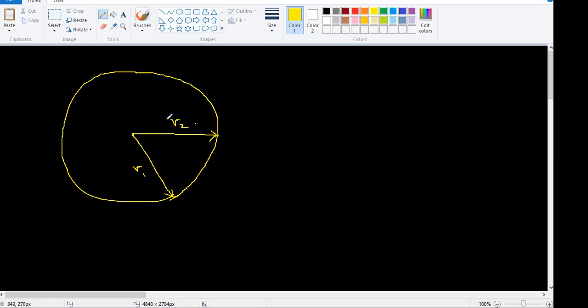So even though the radius is the same, this radius vector is different from this radius vector. So that's why I'm showing it as R1 and R2. This I'm going to call del theta. This I'm going to call velocity V1. This I'm going to call velocity V2.